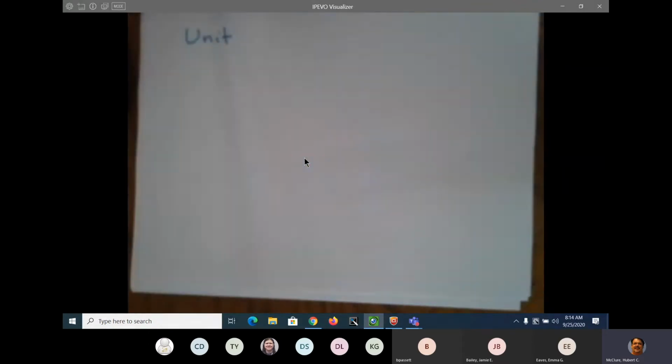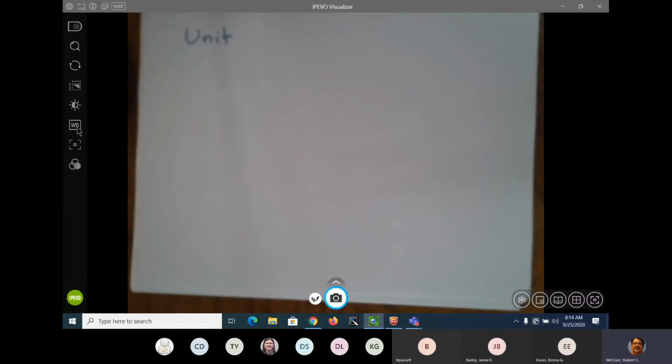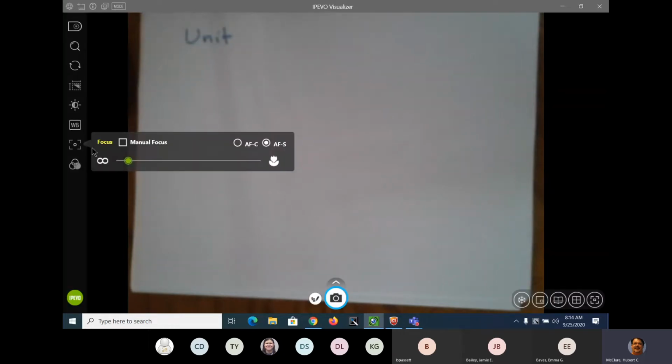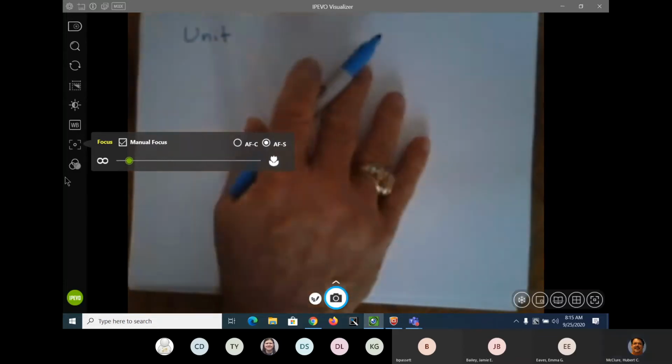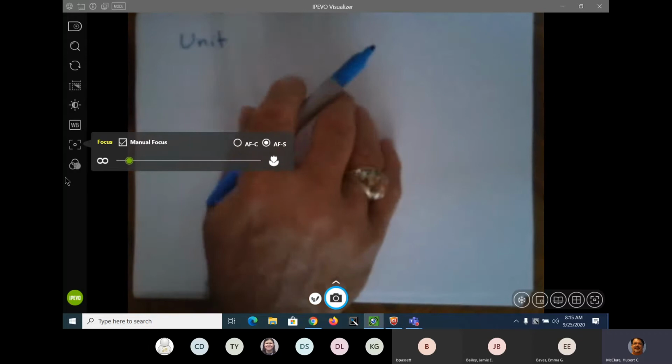And I don't know why it will not, hold on a minute. Let me turn the focus on. It's supposed to be on autofocus, and it's not focusing.